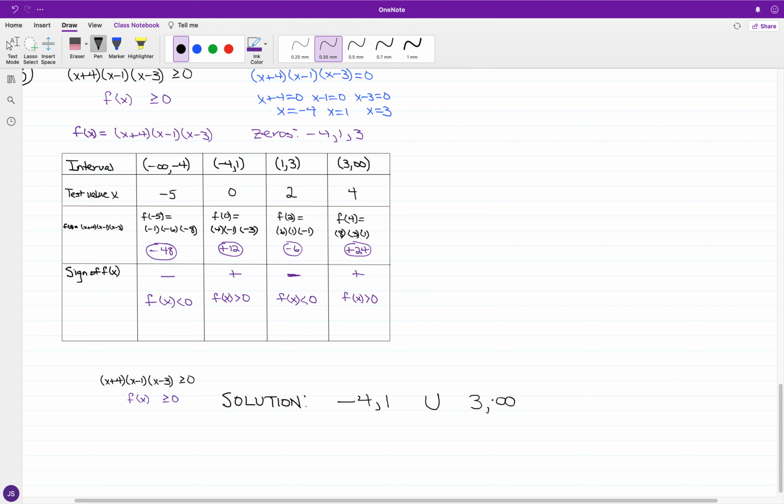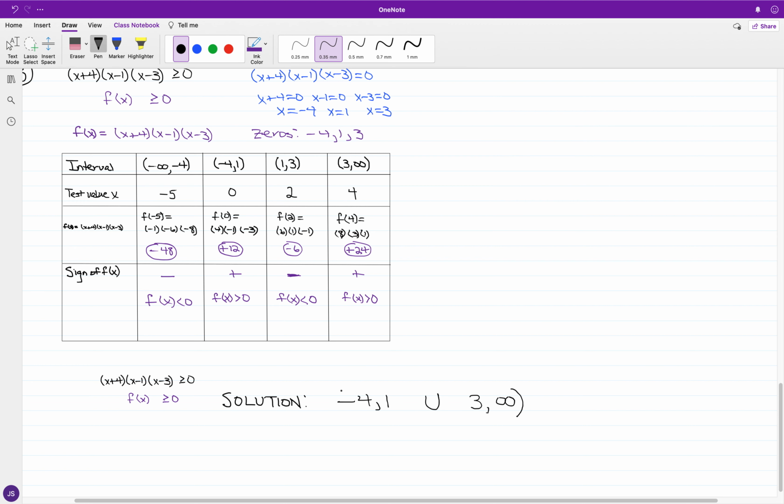Once again, infinities are boundless, so this infinity is going to be in the parentheses. Now for the -4, the 1, and the 3, the nature of the inequality is inclusive of equal to 0, and all of -4, 1, and 3 will set the expression equal to 0.